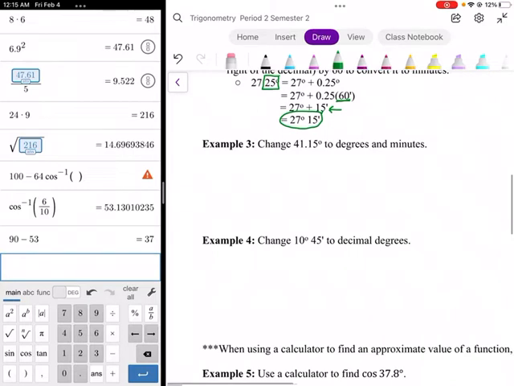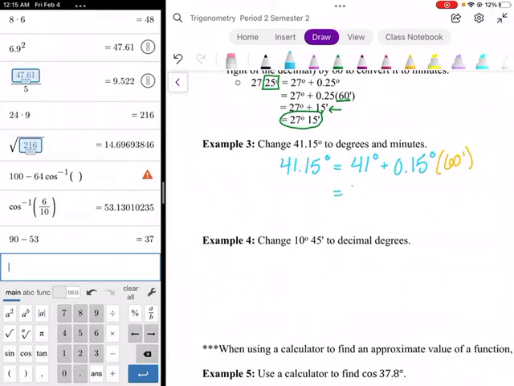So if we were to go over example 3, we have 41.15 degrees, and we're going to convert this to minutes. If we are following the same steps that were demonstrated for us before, we're going to split up the whole number and the decimal. And then, to convert this to minutes, we're going to multiply the decimal part by 60 minutes.